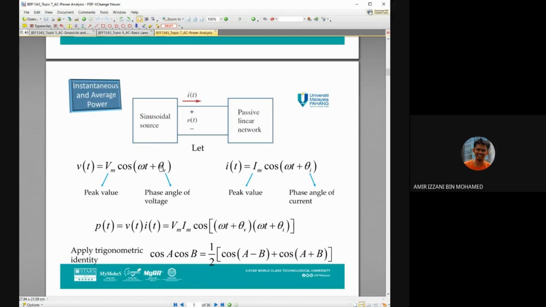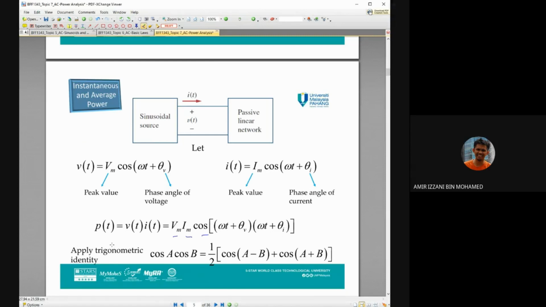So we multiply these two to get the power, v times i. This is what we get: Vm Im cos(omega t plus theta v) times cos(omega t plus theta i).